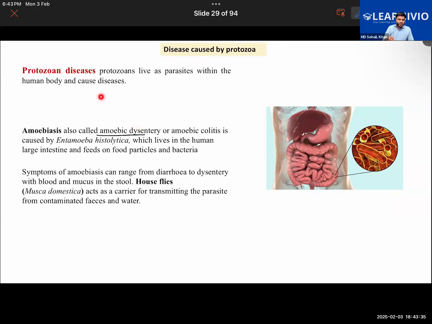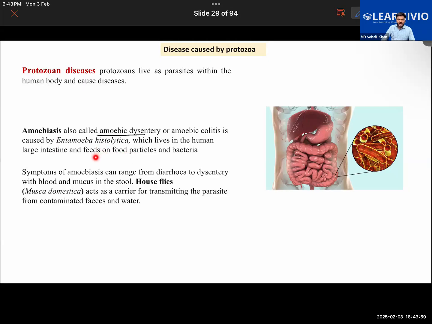Some of the protozoa are found to be living as parasites within the gut, within the human body, and they are known for causing various kinds of diseases. Particularly, we have this disease called amoebiasis, also called amoebic dysentery, and this is spread via contaminated human fecal matter.